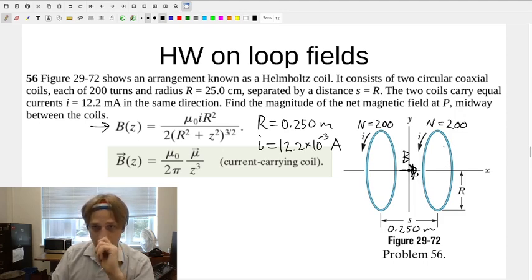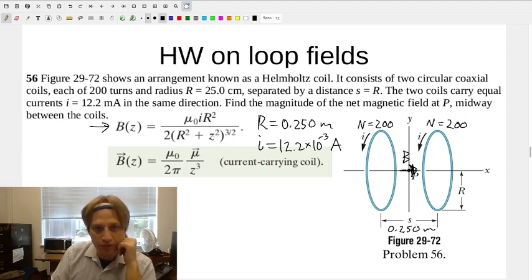You can try that out with your right hand if you want. And so each one of these is going to have 200 times this. The thing to keep in mind, though, is your z in this case is not going to be 0.250. It's going to be half of that.